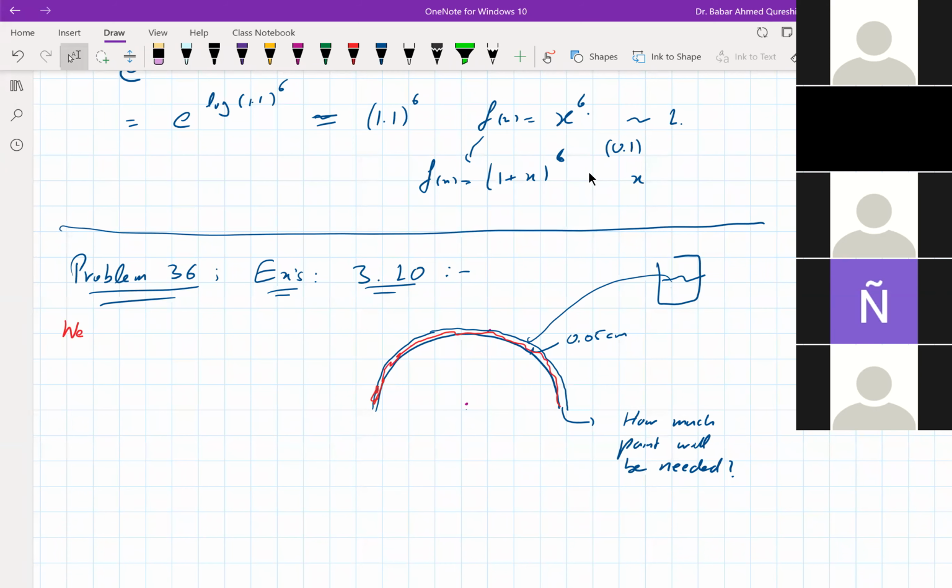So we need the volume of the thin shell.